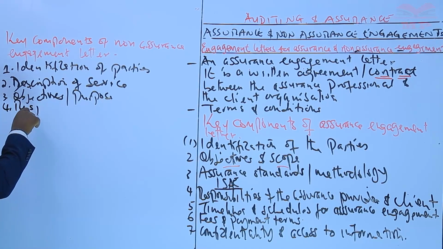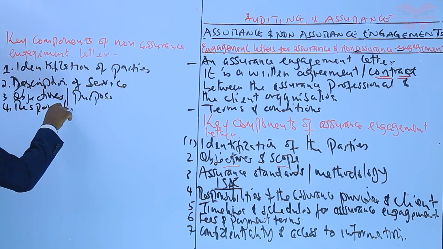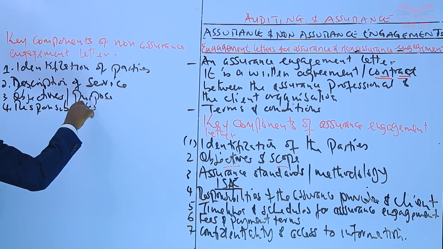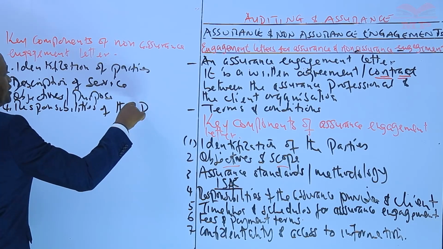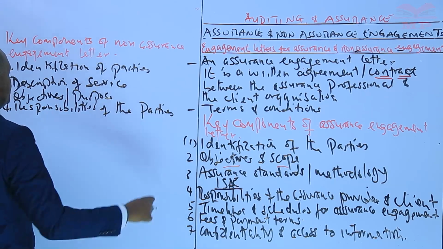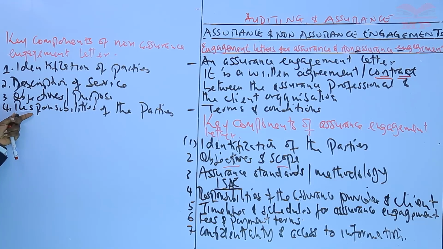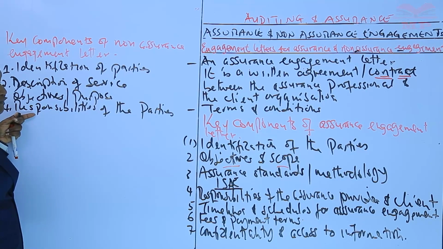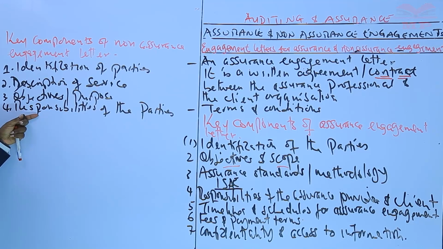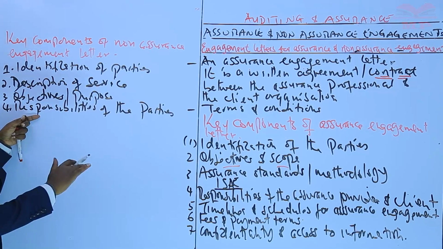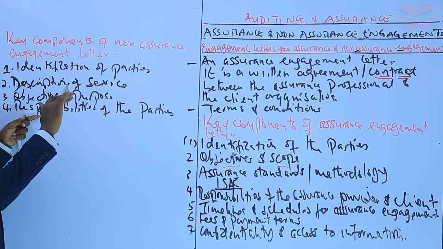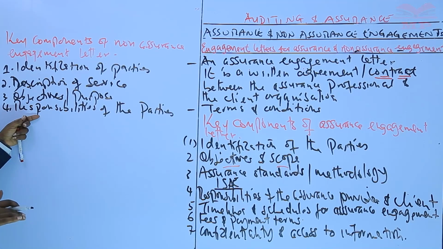4. Responsibilities of the parties. There is also a section on responsibilities of the service provider and the client organization. This section outlines the respective responsibilities of the service provider as well as the responsibilities of the client.